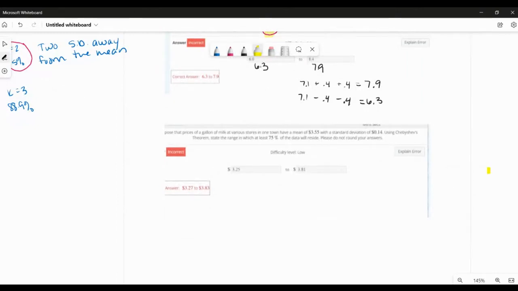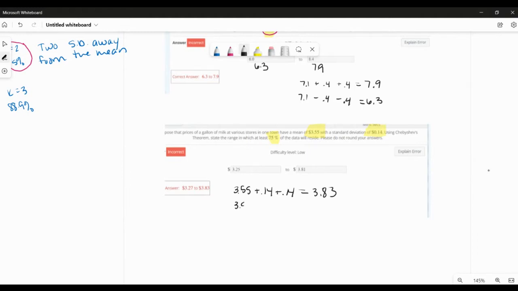And I think this next question is set up pretty similarly. So let's see. We have a mean of 3.55. There's our standard deviation. I want to know 75%. So I'm going to take 3.55 and add 0.14 2 times. 3.83, yeah.